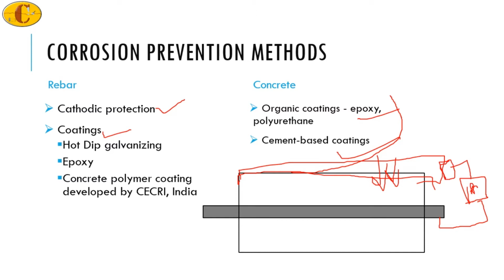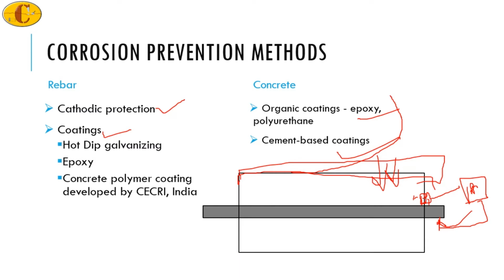This anode will be situated near the concrete, and this will ensure that the current, or the electrons, are provided continuously to the rebar. So the rebar will have CP currents flowing from the anode.